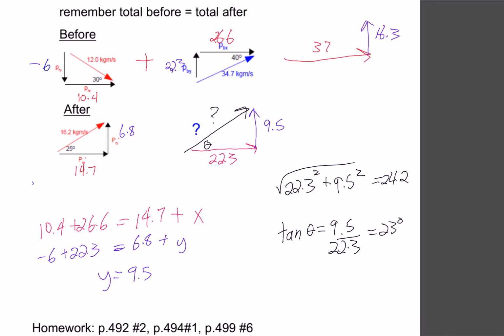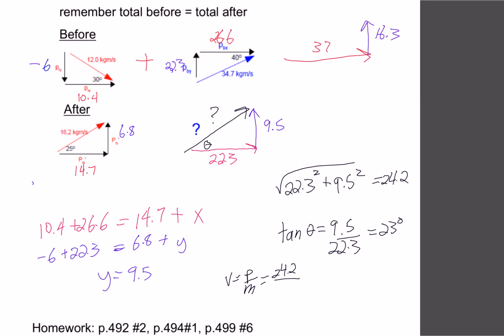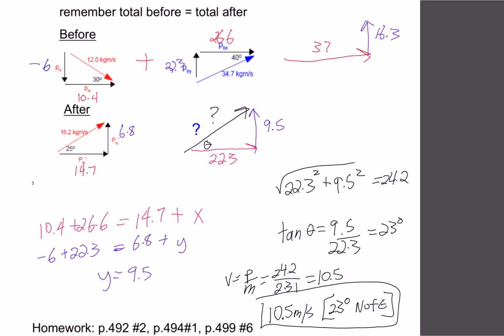So to get our velocity, we need to divide by the mass. The mass was 2.31, so 24.2 divided by 2.31 gives a final answer of approximately 10.5. That means we'll have 10.5 meters per second, and our angle is 23 degrees above, so we'd say 23 degrees north of east. And that'll be our final answer.